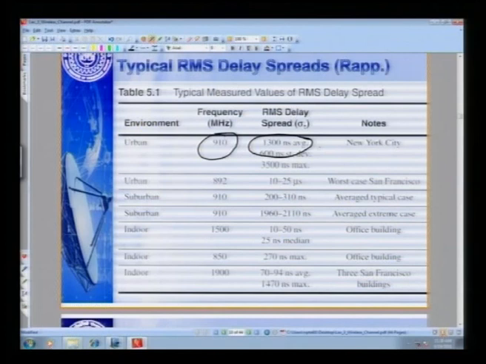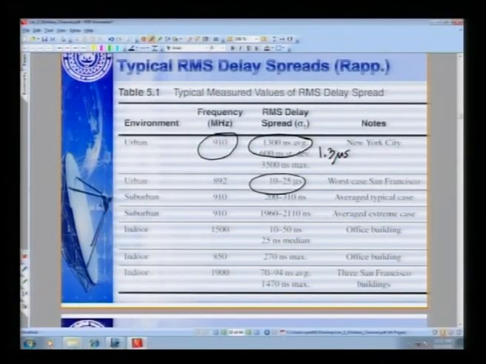So, this is approximately 1.3 microseconds. Also, in a worst case situation in San Francisco, the maximum delay spread is around 10 to 25 microseconds, and you can also see different values. For instance, in this case, the average extreme case is around 1.9 to 2.1 microseconds.